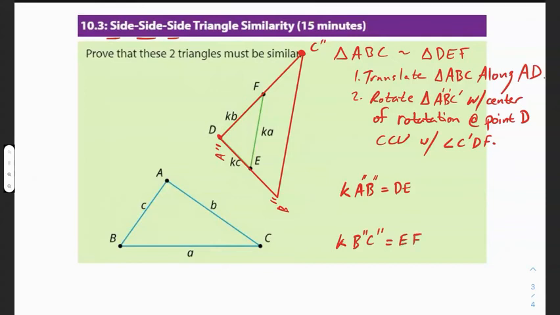And you also want A double prime, C double prime to multiply by the same scale factor to get you DF, right? So if you pick a scale factor where they're all going to be the same, that's my alarm. If you're going to have the scale factor to be all the same, then this will work, okay?